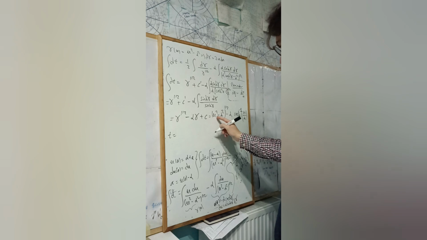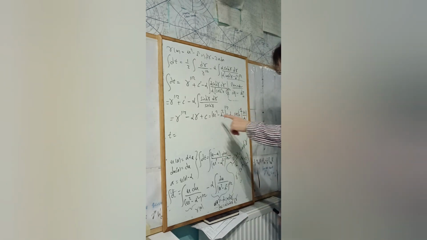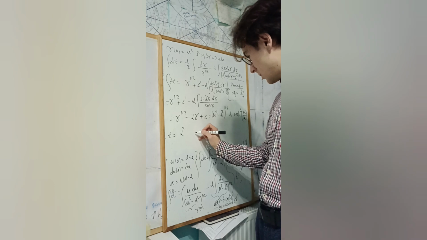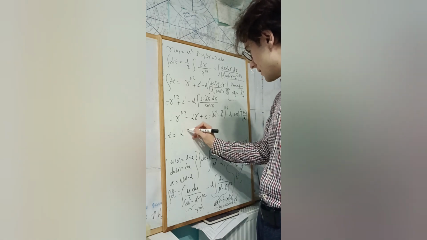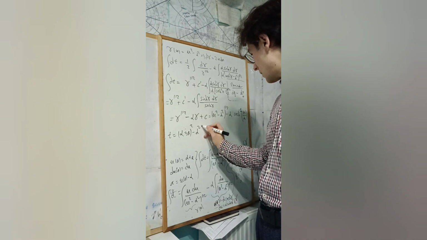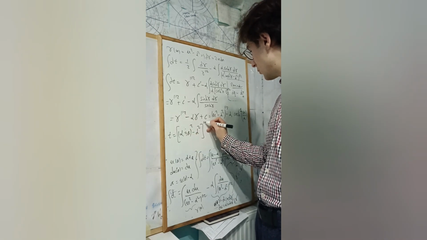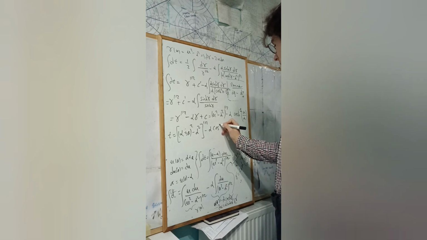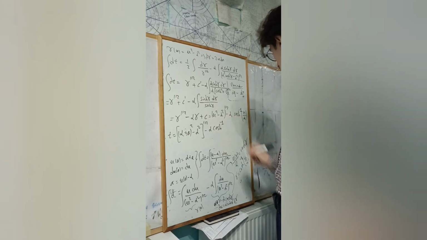U here was alpha plus a squared minus alpha squared to the square root minus alpha cosh inverse.